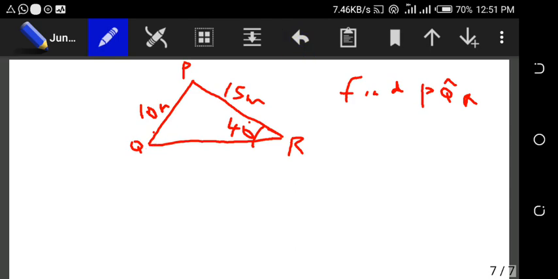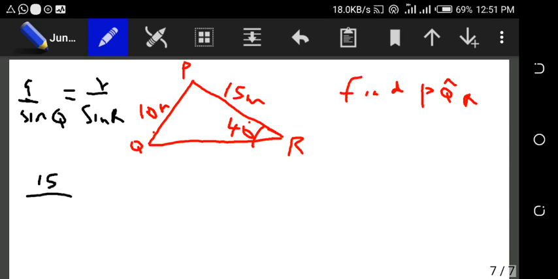So if you want to state your sine rule for this particular case, it's going to be that q over sine Q is equal to r, because we're using r as our benchmark now, because r has complete information, r over sine R. Going ahead to put in the values, so q is 15, so that's 15 over sine Q. We don't know what Q is, so we're going to maintain the letter Q there.